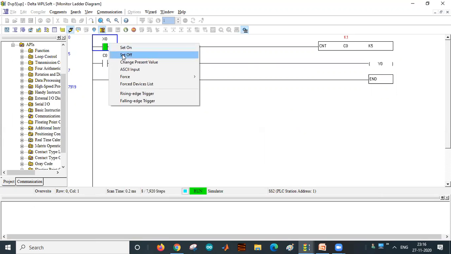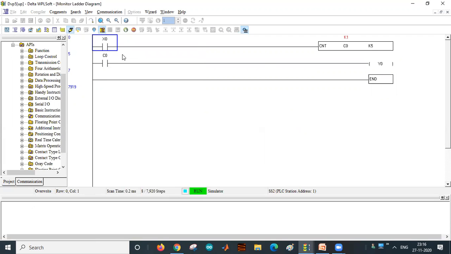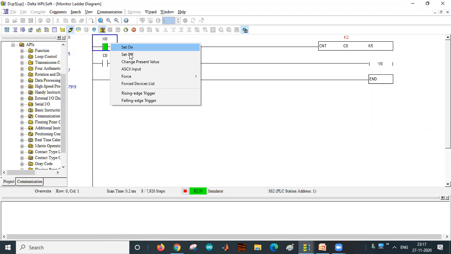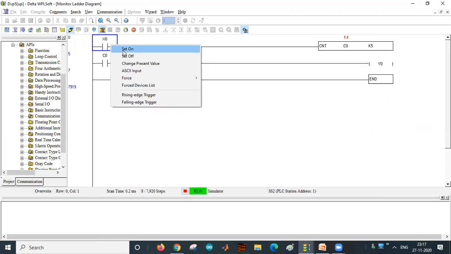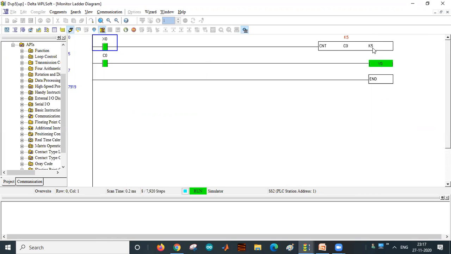Now the product is gone from the sensor, so it turns off. When another product comes, the counter increases to 2, then 3, then 4. When another product comes to the sensor, it is 5. Right now our set value is 5 and the counter value has also reached 5. In such a case, the counter's internal coil C0 will turn on, and Y0 is also on.